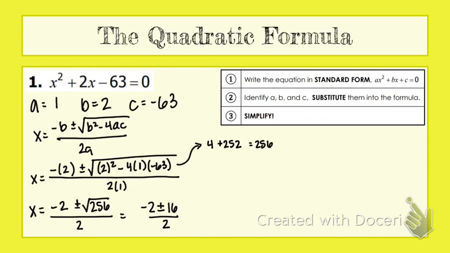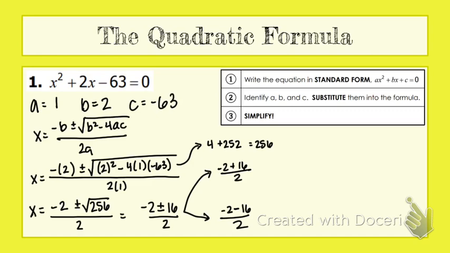You can simplify here, or you can just go ahead and split this into two options. So we have the plus version and the minus version. So remember, there's almost always two solutions to a quadratic function. And the first one is going to be negative 2 plus 16 over 2. The second one is going to be negative 2 minus 16 over 2.